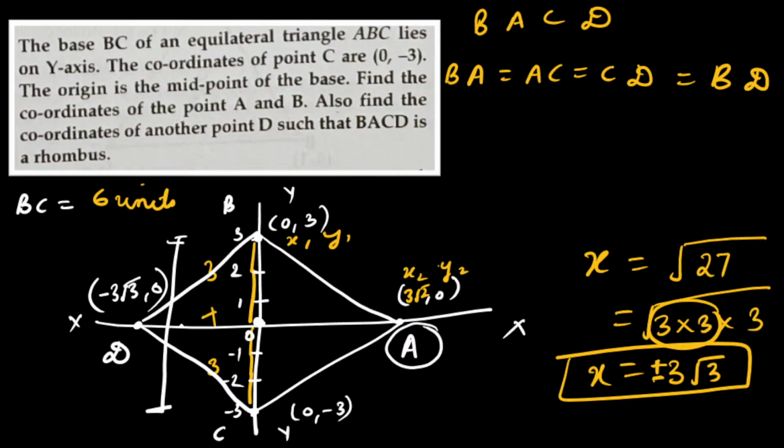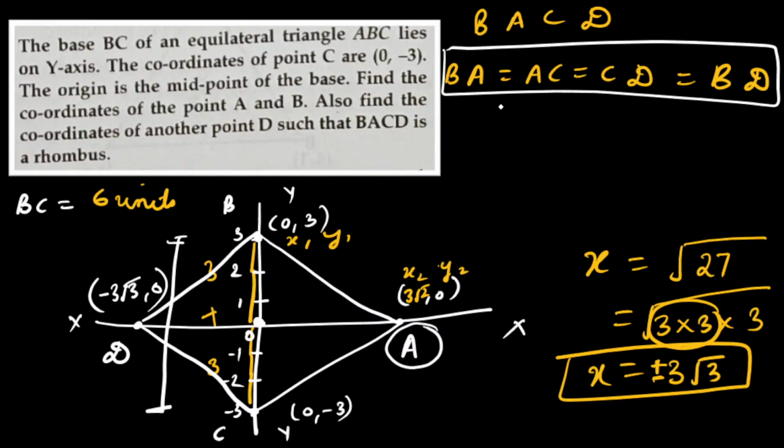Since all sides of a rhombus are equal, all the sides will be equal to 6 units. Therefore point D will lie exactly at (-3 root 3, 0) on the other side of the y-axis. Then it will become a rhombus.